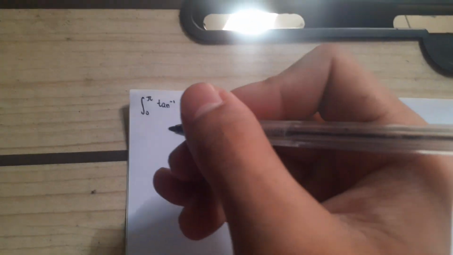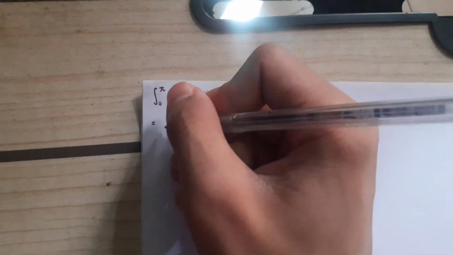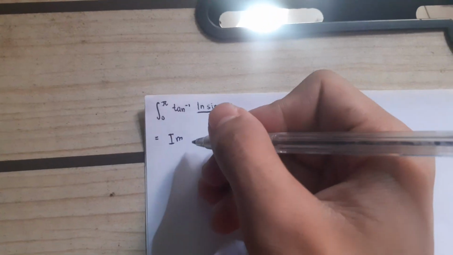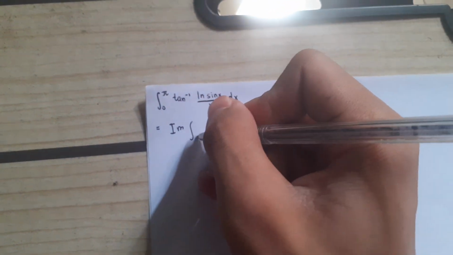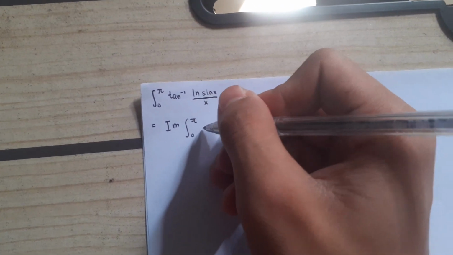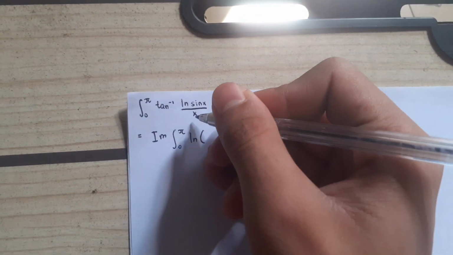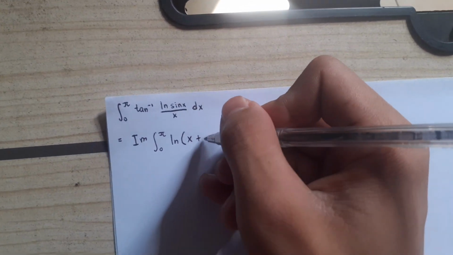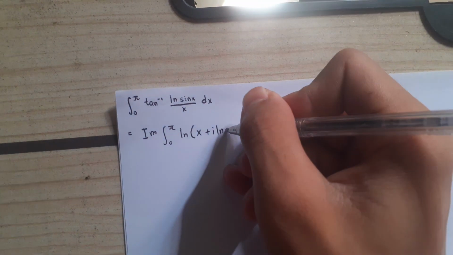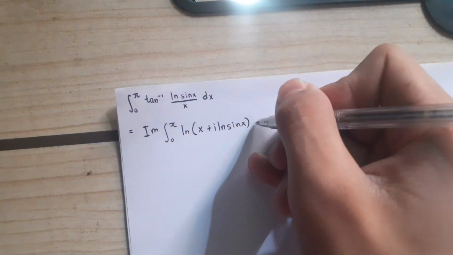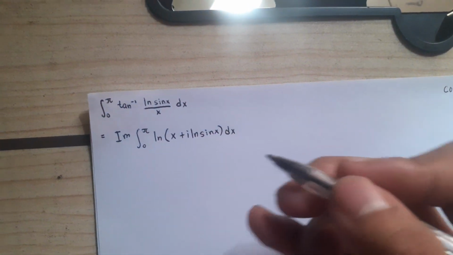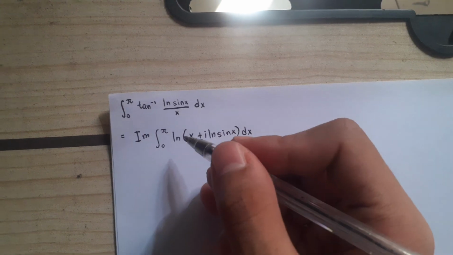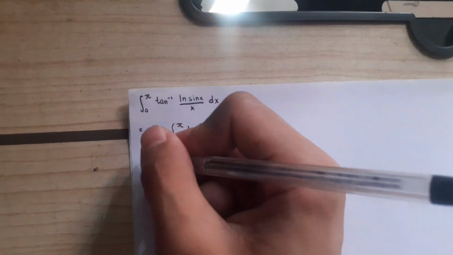Then, letting Im denote the imaginary part, we have the integral from 0 to pi of ln of x plus i times ln of sine x dx, where a is x and b is ln of sine x.